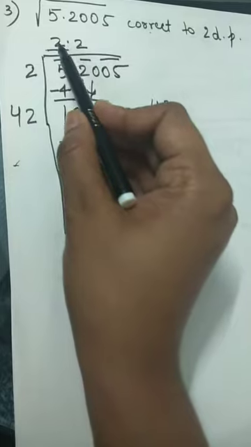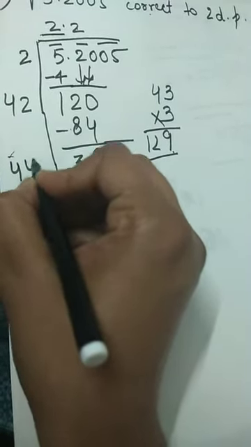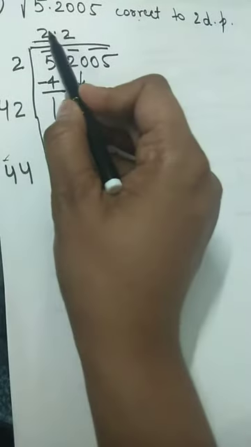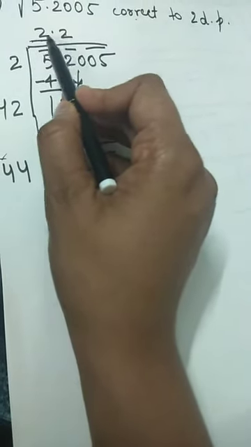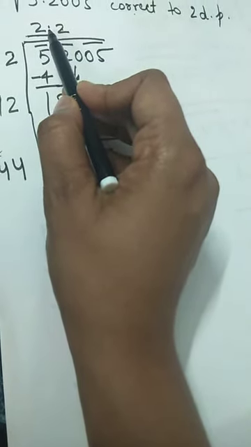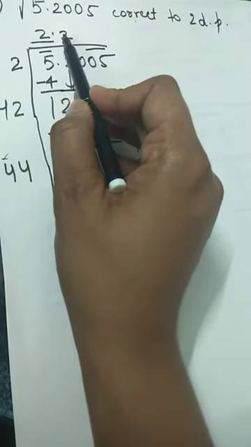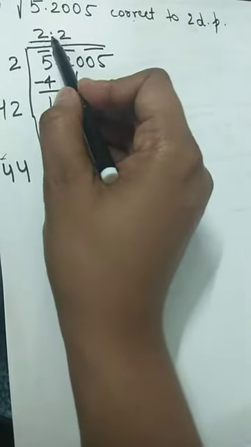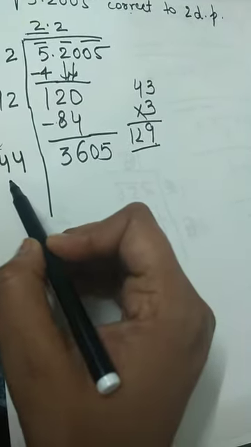The quotient is 2.2, which is 22. We have to double this quotient 22, which will be equal to 44.